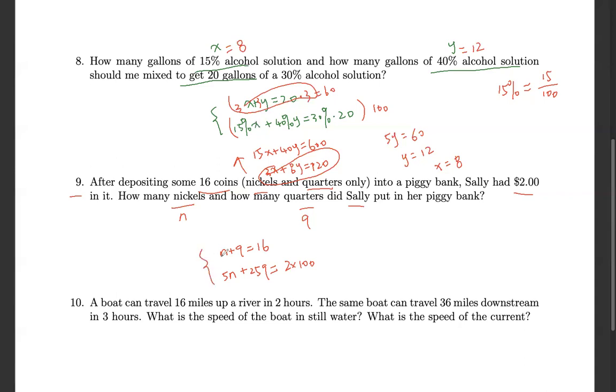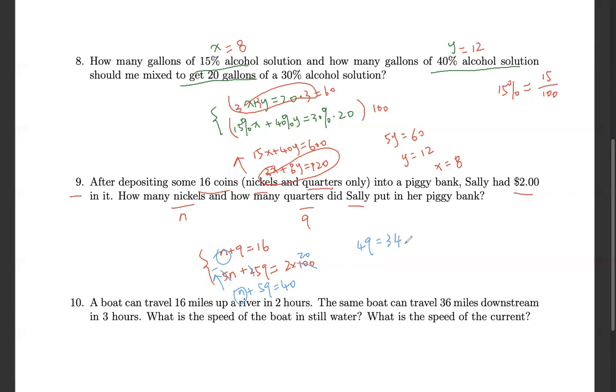So we have made a system of equations. This one we can simplify by 5. Let's divide everybody by 5: 5 divided by 5, 25 divided by 5, and 200 divided by 5 gets 40. So we get N plus 5Q equals 40. Now we can subtract, because we have N. N subtract N gets 0. 5Q minus Q, that's 4Q. 40 minus 16, that's how much?